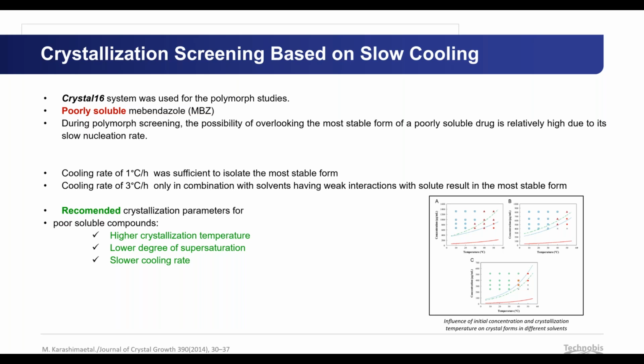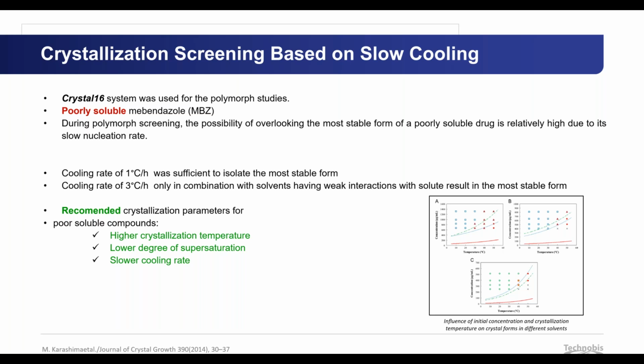And as you can see here, what the authors of this article from Crystal Growth managed to do, by using different cooling rates and playing a bit with the conditions of the different parameters of influencing crystallization, they came up with actually quite common sense parameters that you should look into when you deal with poorly soluble compounds.